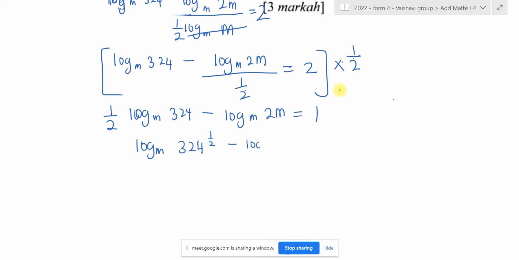Minus log m 2m equals to 1. And then now you can, okay, once again let me get my calculator.